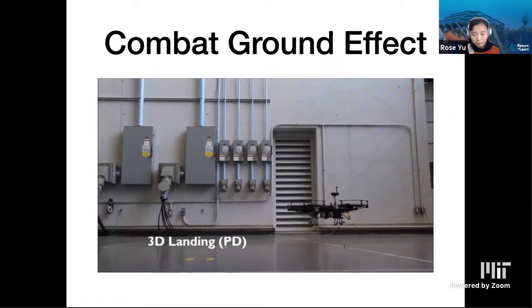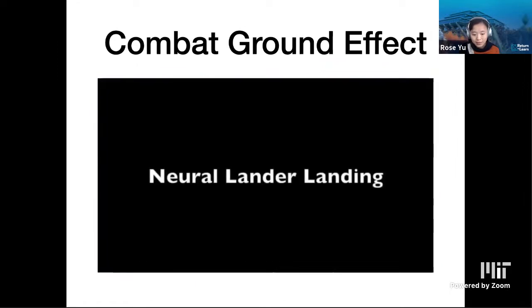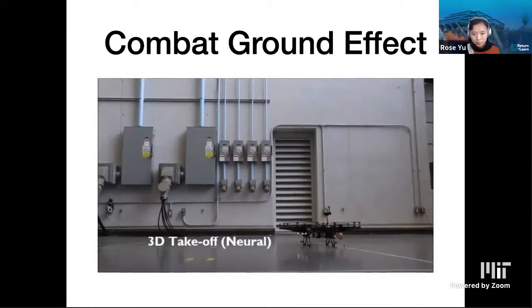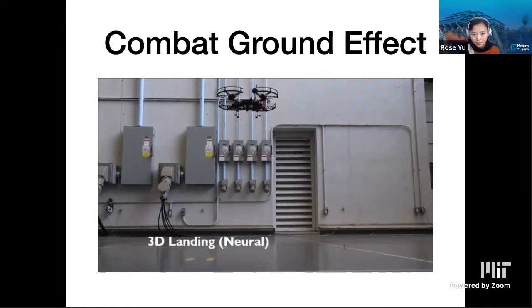So there's a gap between the target landing place and the actual landing position. But if we look at Neural Lander, because we're learning the unknown disturbance force with spectral normalized DNNs, we can see that the drone can land on the floor exactly and smoothly, no problem.